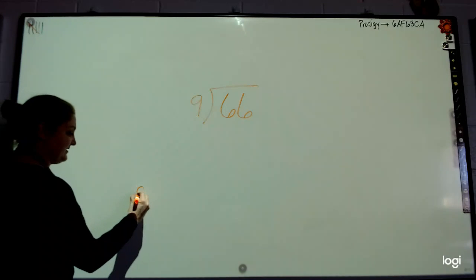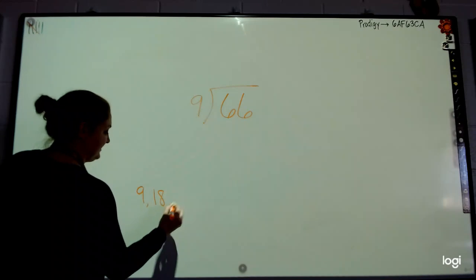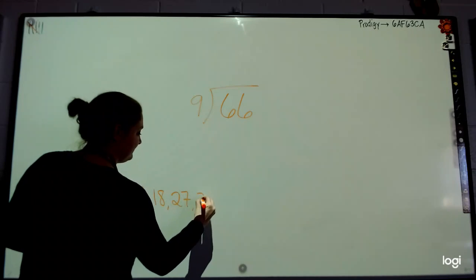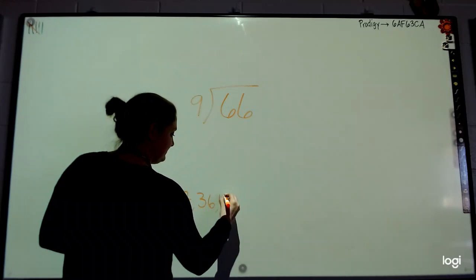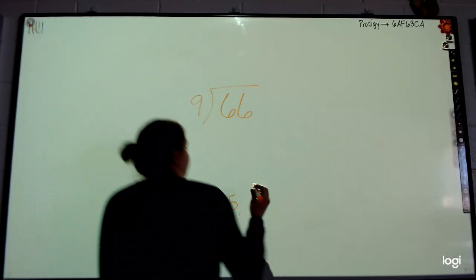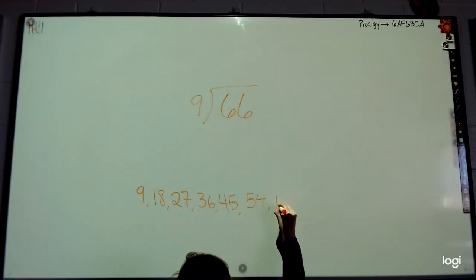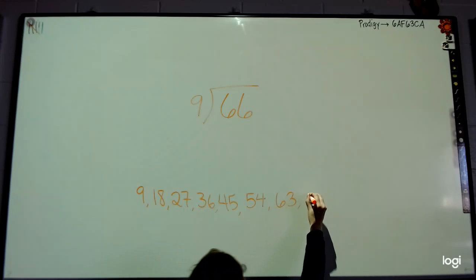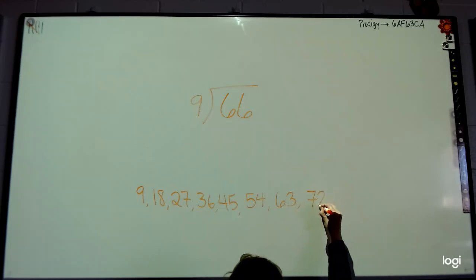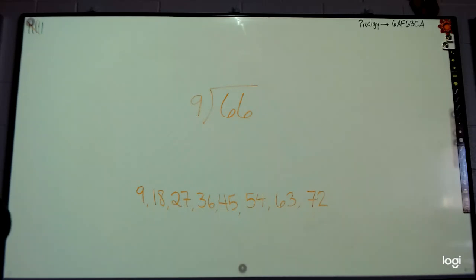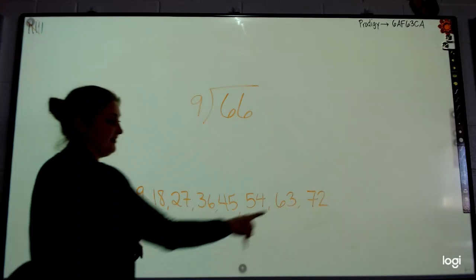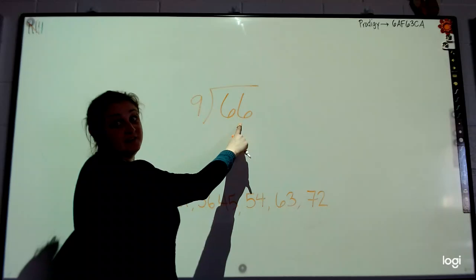So if I skip count by 9s, I've got 9, 18, 27, 36, 45, so if you're skip counting like me, I'm realizing that 8 groups of 9, which is 72, is larger than the number that we have as our dividend.